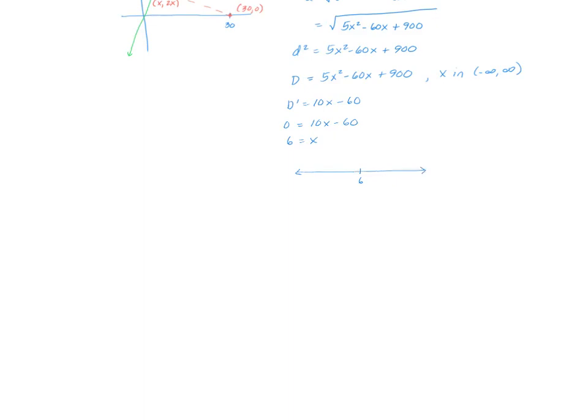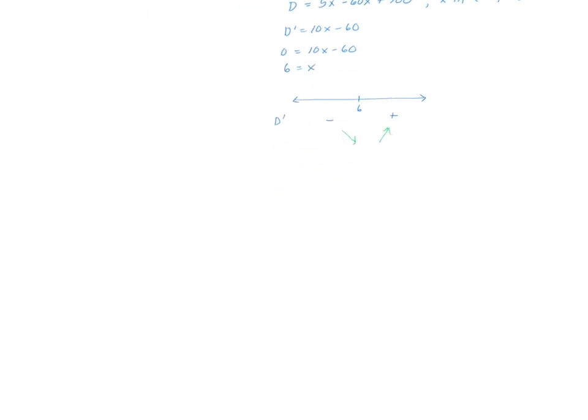So when I look at the derivative, and maybe look at putting in 0 into my derivative, I get a negative. Maybe something larger like 10, I get a positive. So the derivative goes from negative to positive. This is going to be an absolute minimum, which is exactly what I want because I'm minimizing a distance.